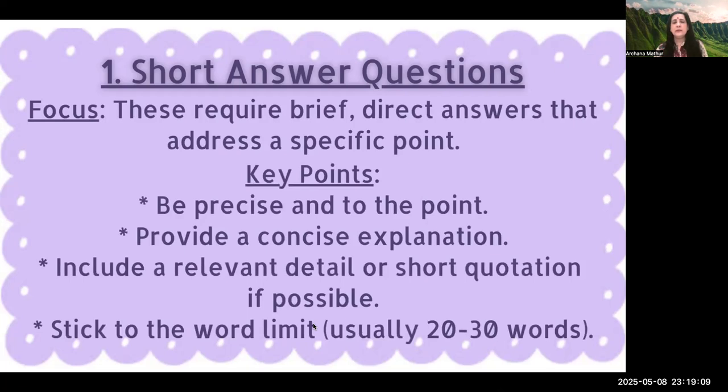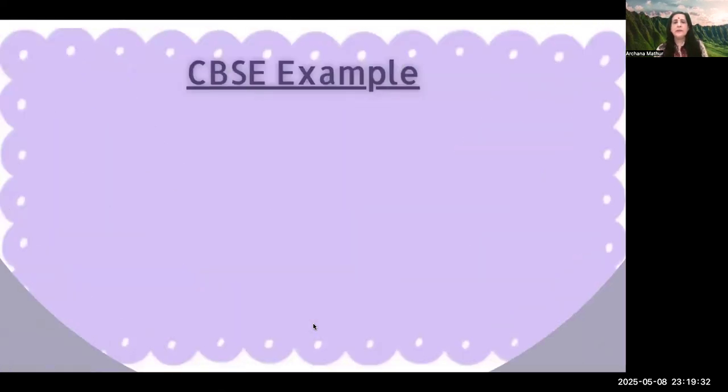The key points to answer these are: be precise and to the point, provide a concise explanation, include a relevant detail or short quotation if possible. If you quote something from the text, it fetches you a few extra marks. Stick to the word limit, usually 20 to 30 words. That's what they expect of you.